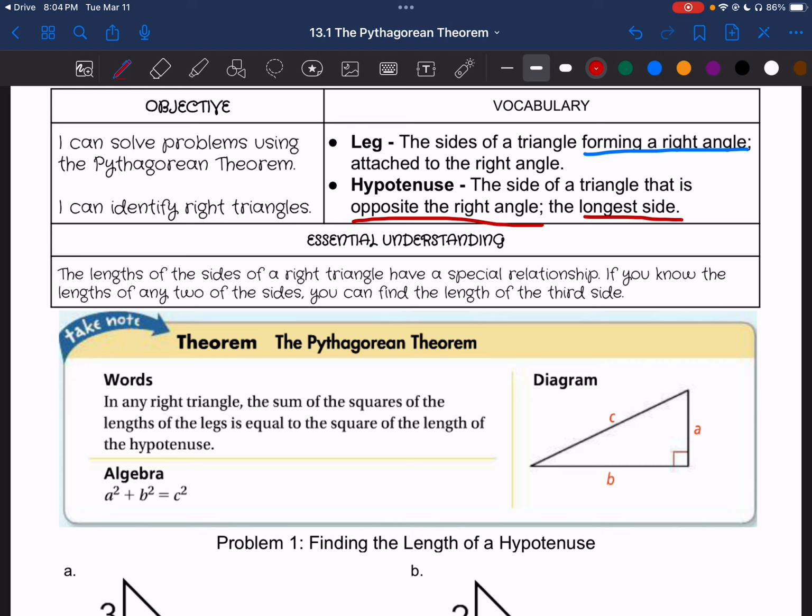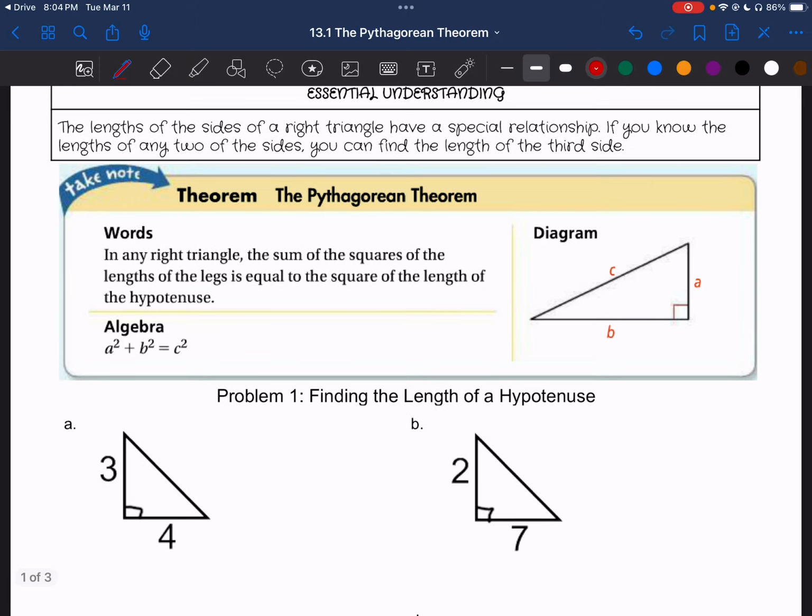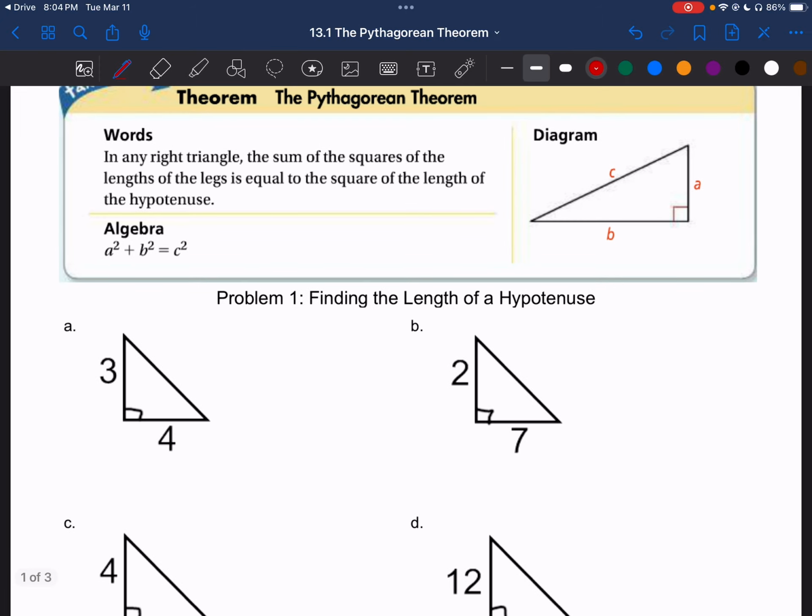That is just kind of a reminder that it is the longest of the two sides as well. So what is the Pythagorean theorem? In words, in any right triangle, the sum of the squares of the lengths of the legs is equal to the square of the length of the hypotenuse.